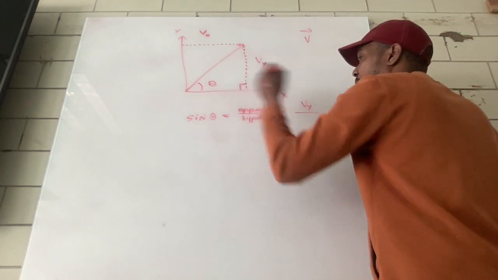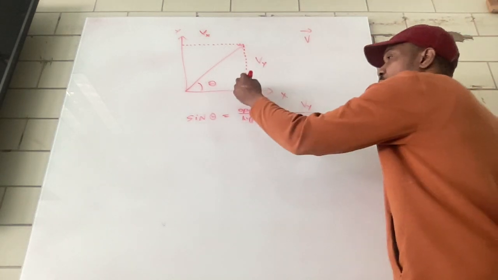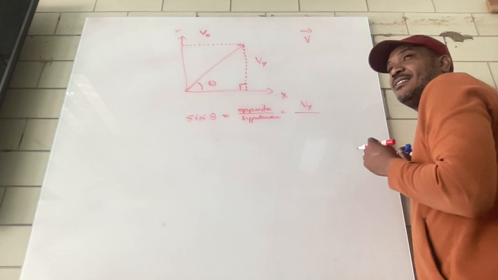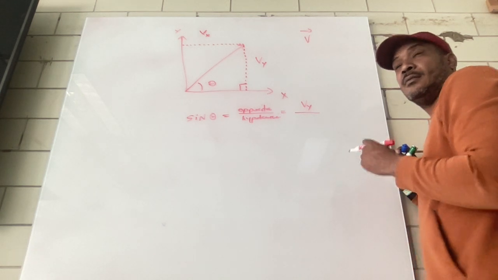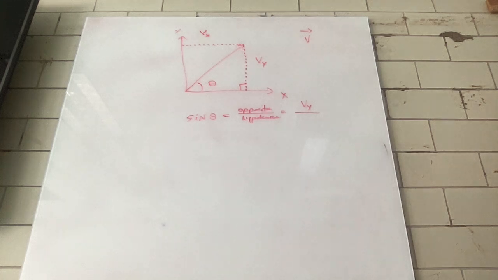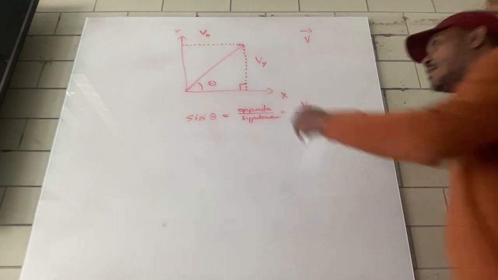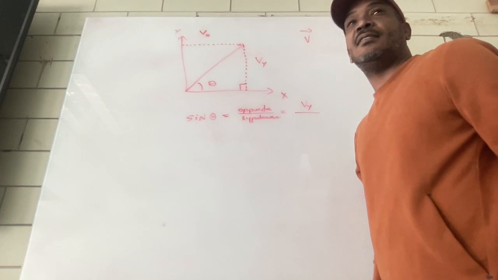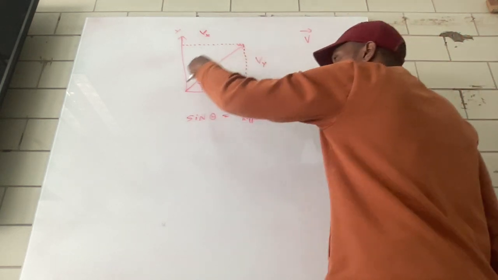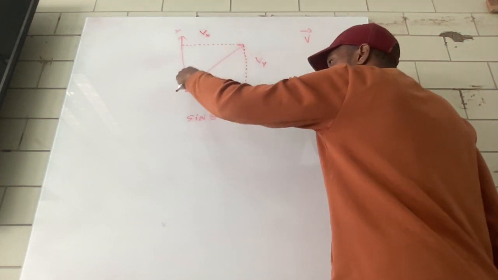This is a right triangle, so which is the longest side? The one in the middle? How about the diagonal line? So this is the hypotenuse of a triangle right here.